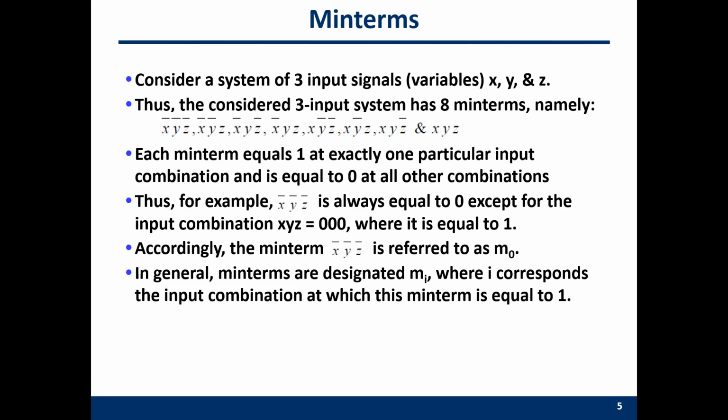So we can use the value of x, y, z as the index, which is 0. So we can write a minterm as m_i, where i is the index of the minterm. When the x, y, z value equals the binary form of i, the minterm is 1.